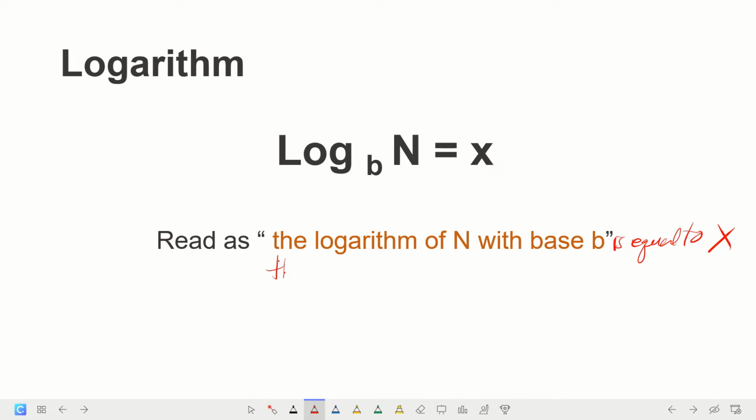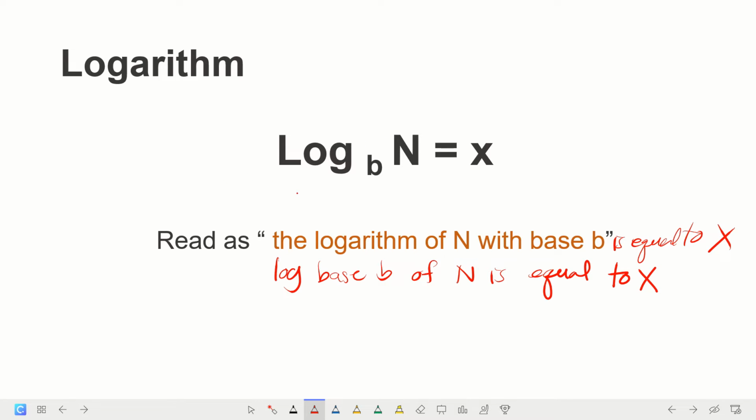So pwede rin na basahin nyo siya as log base b of n is equal to x.